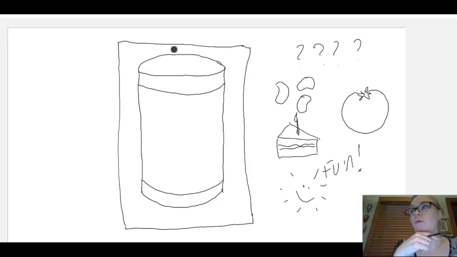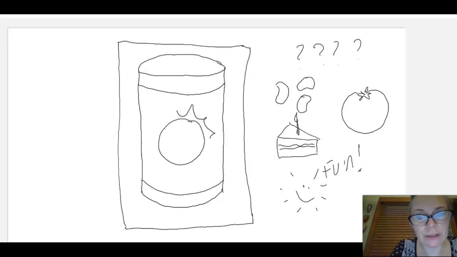So let's say I want to make a can of sunshine. Sunshine doesn't actually come in a can, but what if it did? What would a can of sunshine look like?